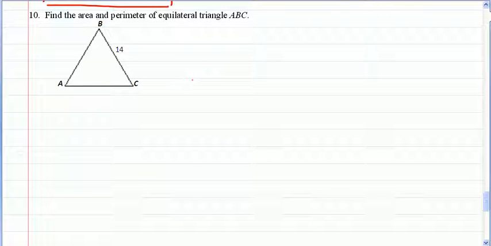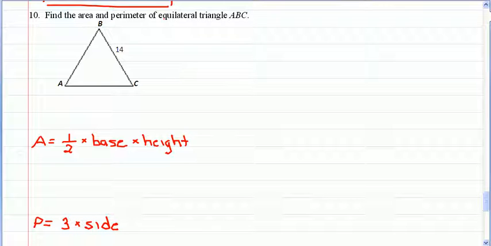For number 10, we want to find the area and perimeter of equilateral triangle ABC. So to find the area of a triangle, the formula is 1/2 times base times height, and the perimeter is equal to 3 times the length of each side.